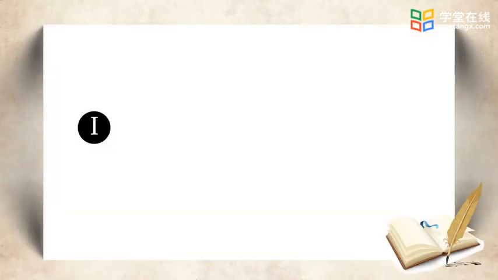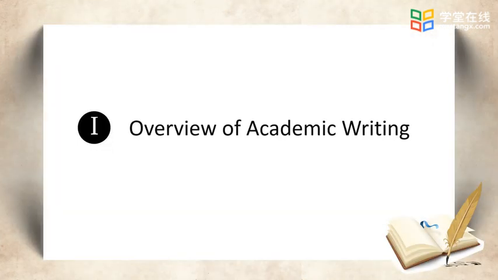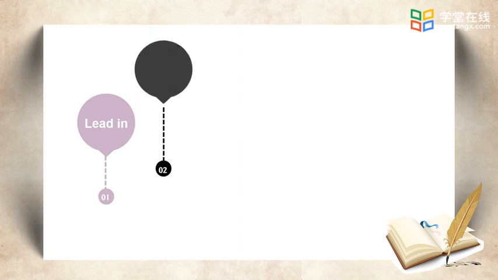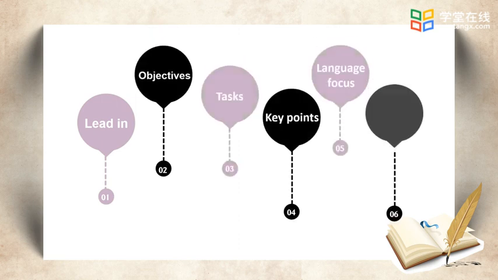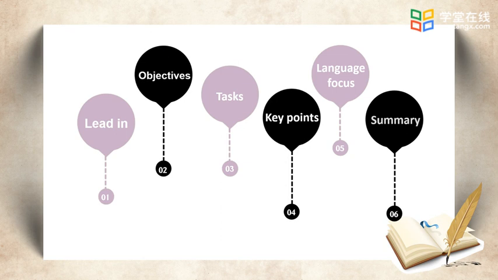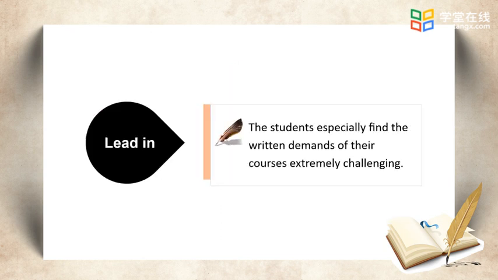Chapter 1. Overview of academic writing. This chapter is composed of 6 parts: lead-in, objectives, tasks, key points, language focus, and summary. Lead-in. The students especially find the written demands of their courses extremely challenging.